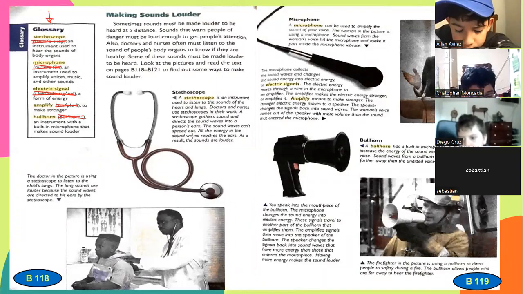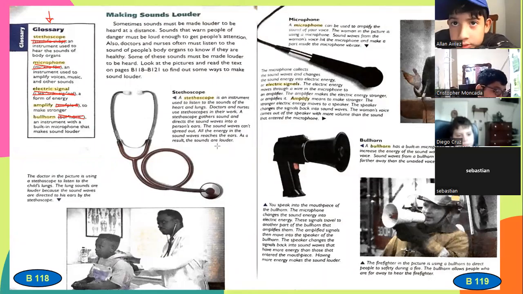The sound waves cannot spread out. So when the doctor uses a stethoscope, the sound goes directly to the doctor's ear. The sound is not spread out like with this bullhorn. This bullhorn spreads out the sound. Usted habla a través del bullhorn y su voz se expande, se riega.